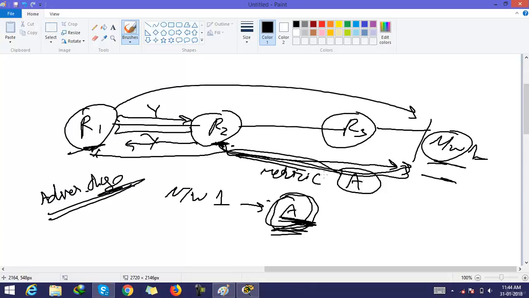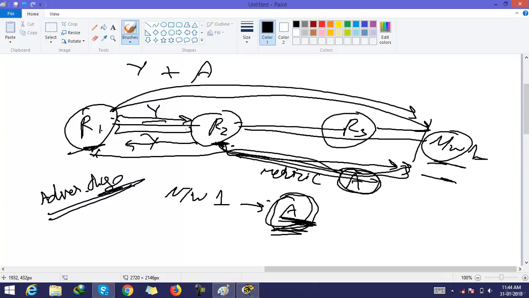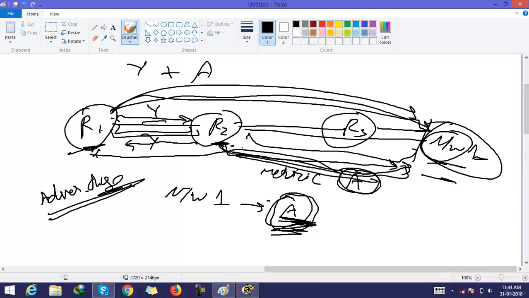So to reach this network from R1, the total distance becomes Y plus A. So this plus this becomes the total metric to reach this particular network. This is the use of advertised distance.